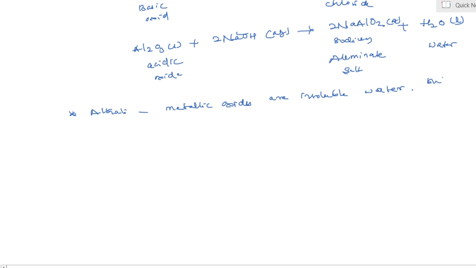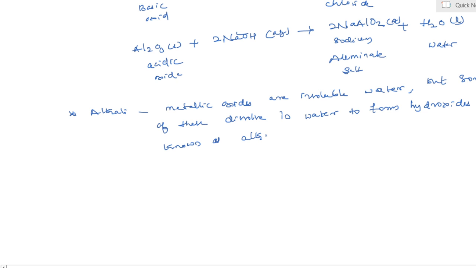But some of these dissolve in water to form hydroxides, known as alkali.